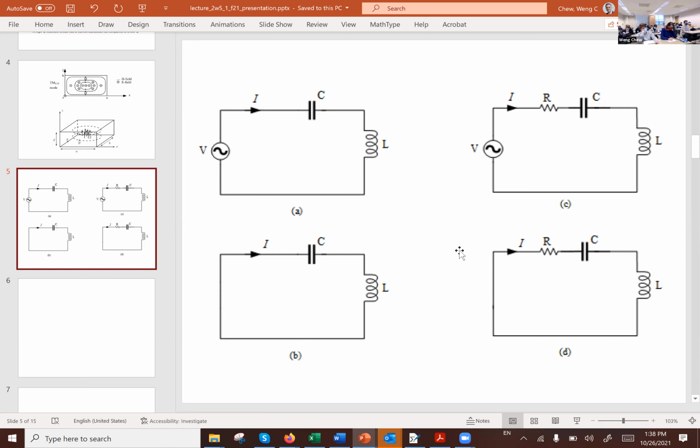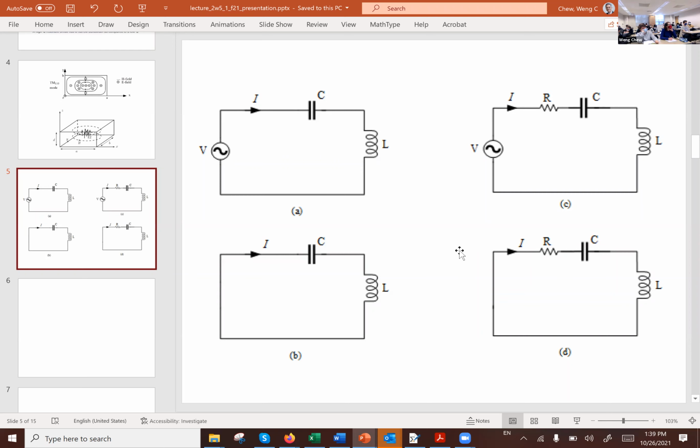Okay, so another very important thing to note is that because this is an LC tank circuit without loss, it can behave in the mode of the bottom left figure, which is that if you turn off the source, there is still a persistent current flowing in this circuit.